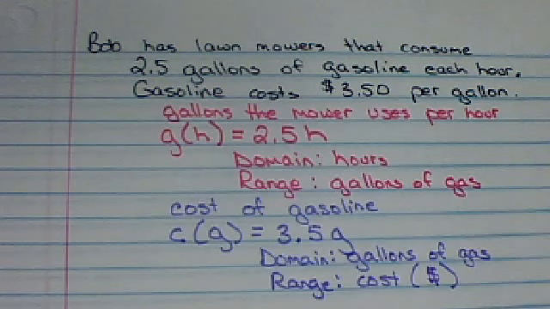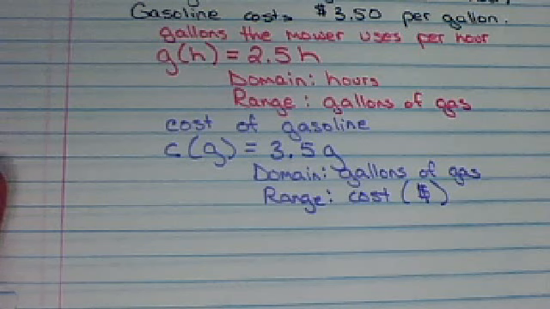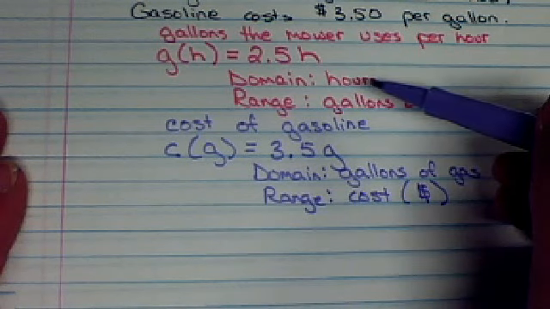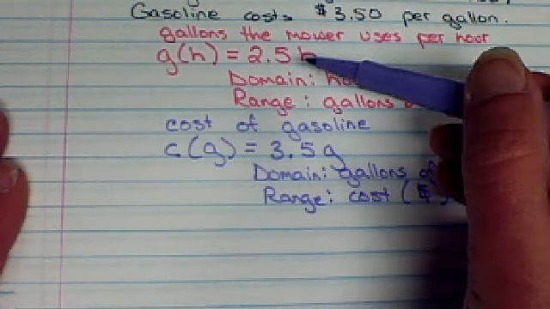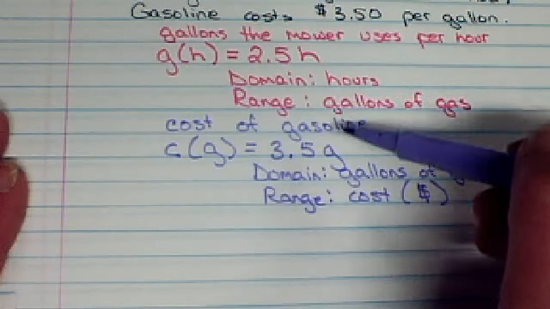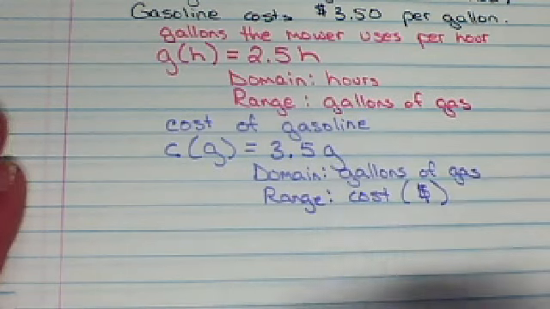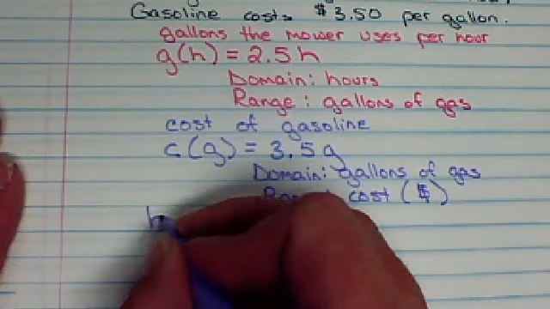Could we create a function that figures it all out for us? So all we had to know was the hours that he was going to be mowing, and we would know our cost. Well, let's see how this is going to work. That means we'd have to start with our hours, plug them in there. That gives me my gallons, which goes into there. So hours would start off.